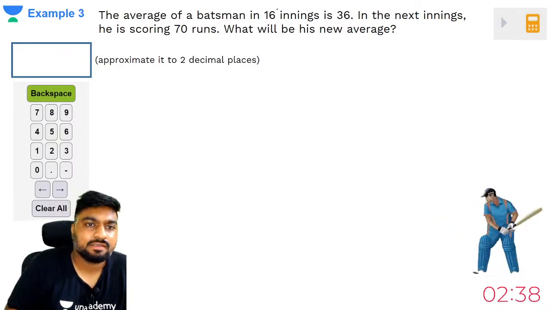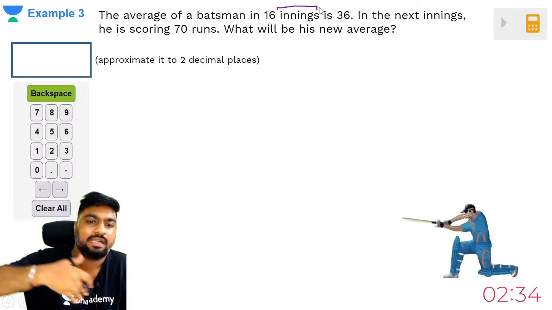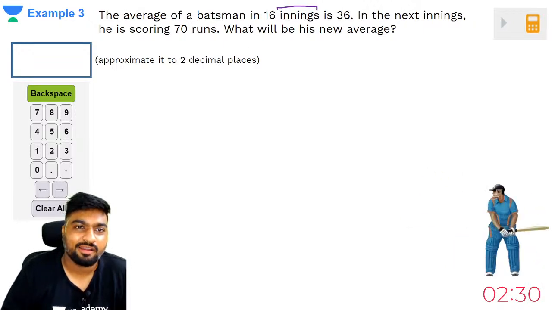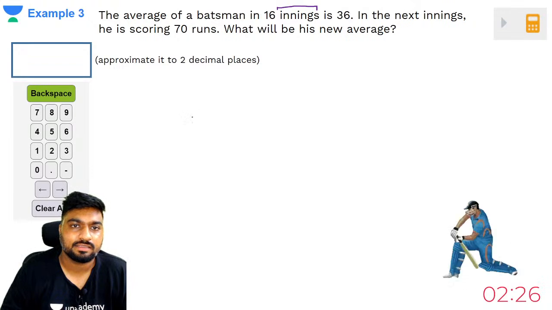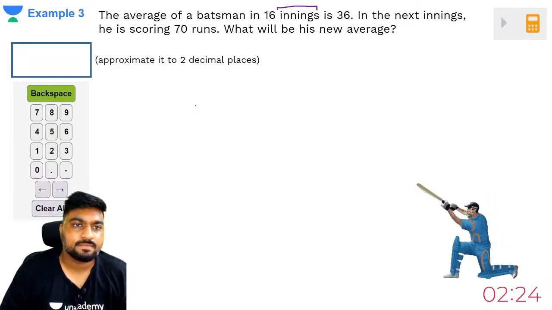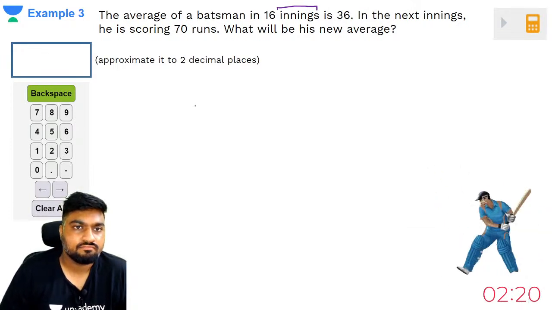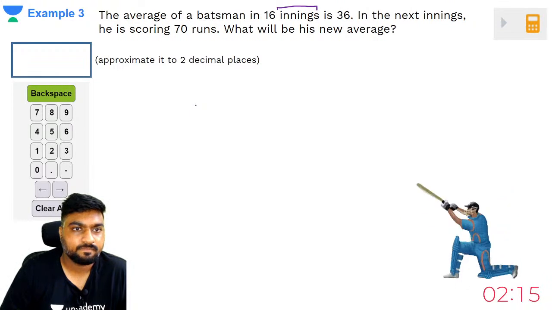And an innings is basically a set, like, one time he gets out, it's called an inning. For people who are not aware, I don't think there is anybody like that, but if you don't know that, then this is this. Okay, try this out, guys.